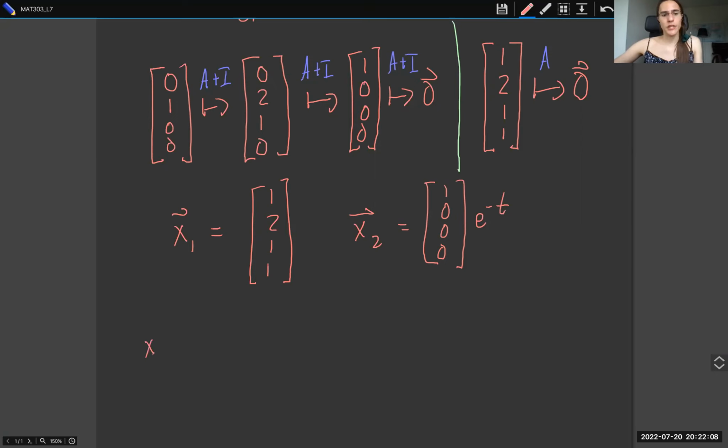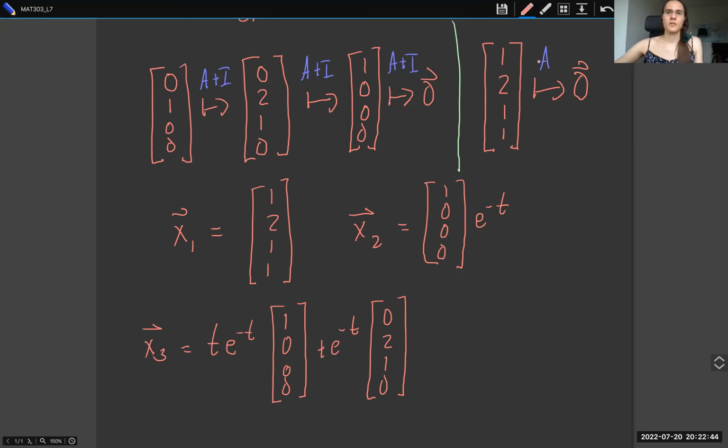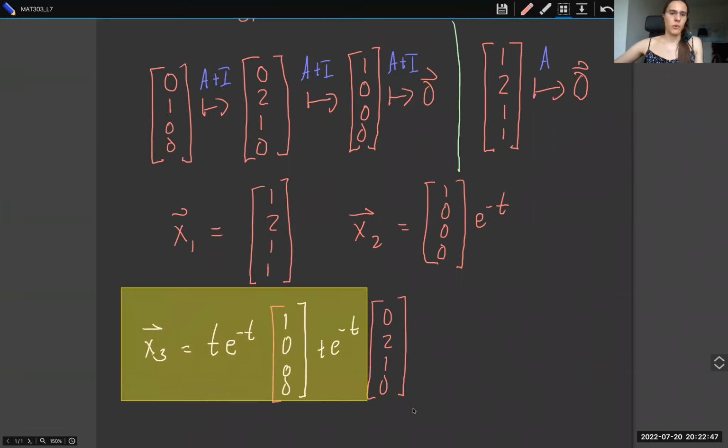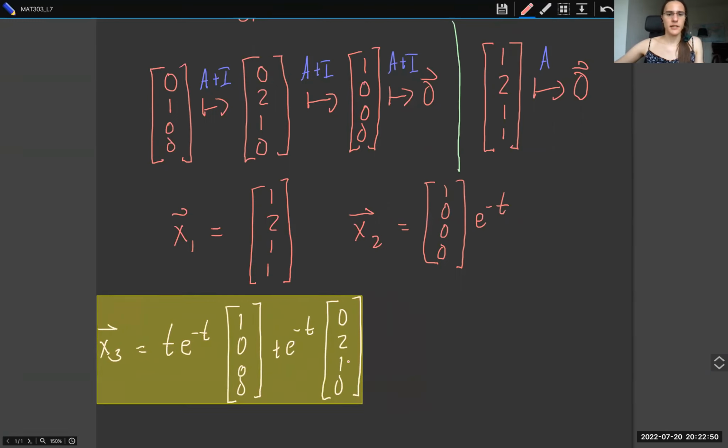Then we're going to get x3, and this is going to be the ansatz that we discussed when we started this, which is going to be t e to the minus t times x1 plus e to the minus t x2. If I want to fit all of this in one line, this has to move all the way to the end.